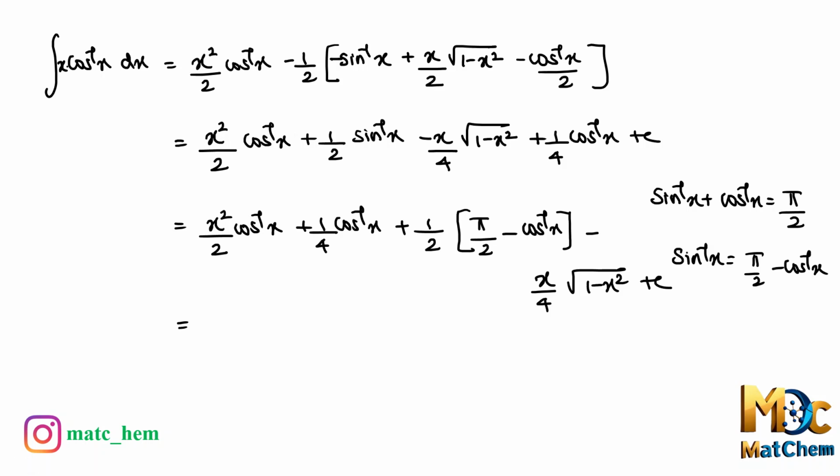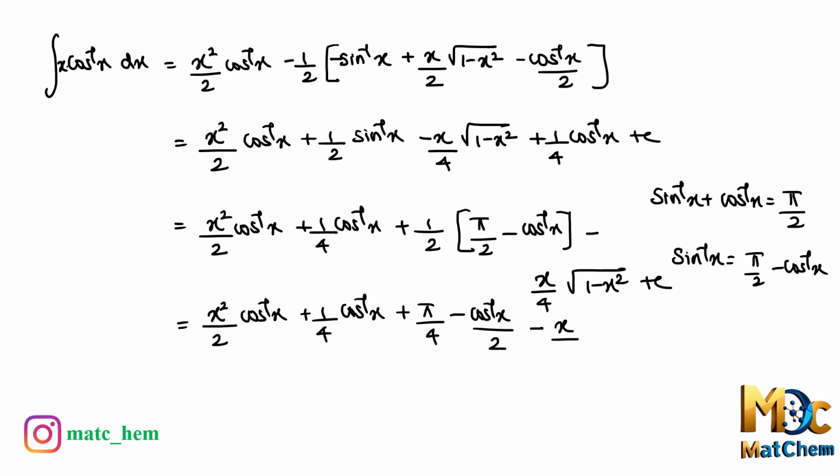So that is equal to x square by 2 cos inverse x plus 1 by 4 cos inverse x plus pi by 4 minus cos inverse x divided by 2, minus x by 4 into square root of 1 minus x square plus c.